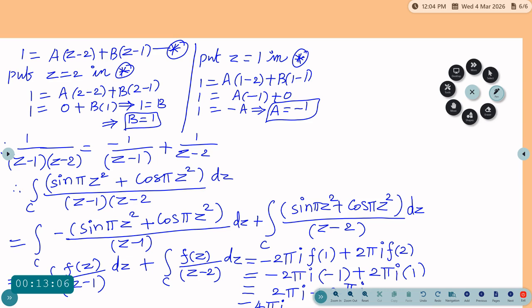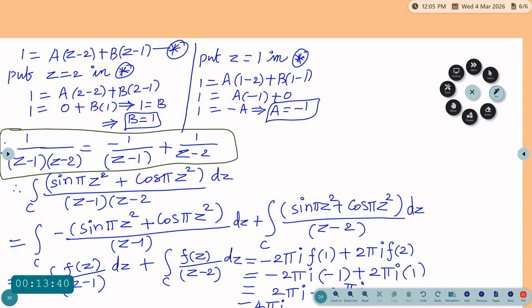taking integration on both sides of this function 1 by z minus 1 into z minus 2 equal to minus 1 divided by z minus 1 plus 1 by z minus 2. Taking integration on both sides, and f of z is sin pi z square plus cos pi z square, and we have to find integral over c sin pi z square plus cos pi z square divided by z minus 1 into z minus 2 dz.